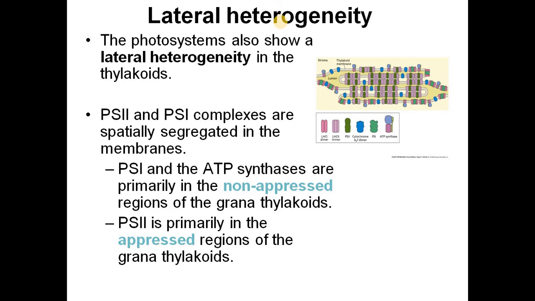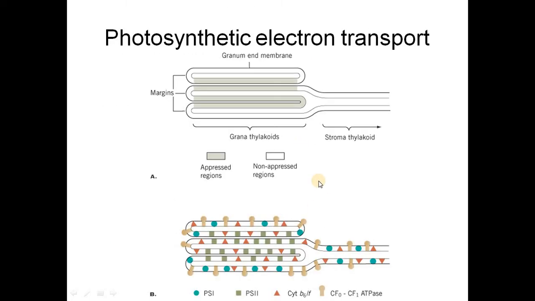Now, when you see how these transmembrane proteins are arranged, they are arranged in a very specific way that is called lateral heterogeneity. There are these appressed regions inside the granum, and then you see the outside non-appressed regions.